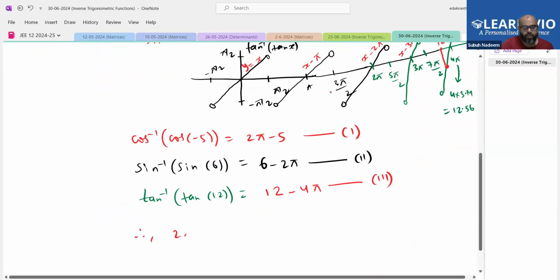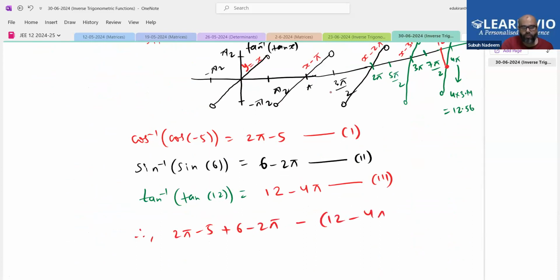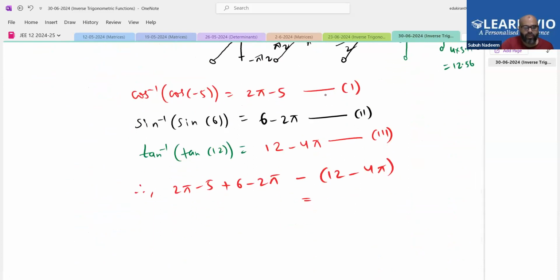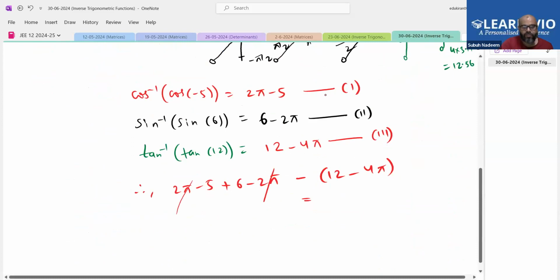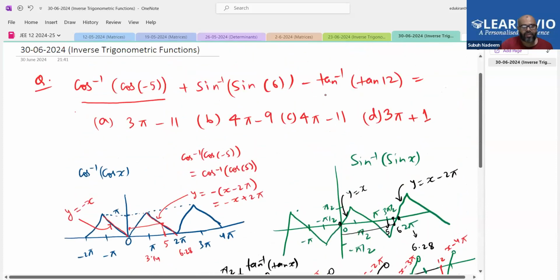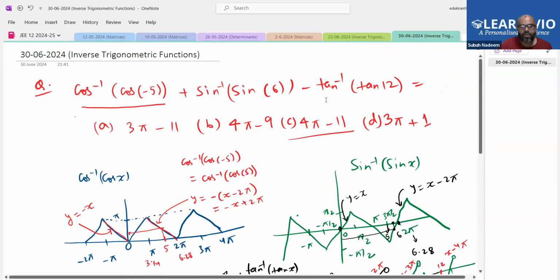So therefore, 2 pi minus 5 plus 6 minus 2 pi and subtract 12 minus 4 pi. So what will you get is 2 pi and 2 pi cancels, and it will become plus 4 pi minus 12 and plus 1. That will be minus 11. So 4 pi minus 11, is there any option? Yes, C is the option.